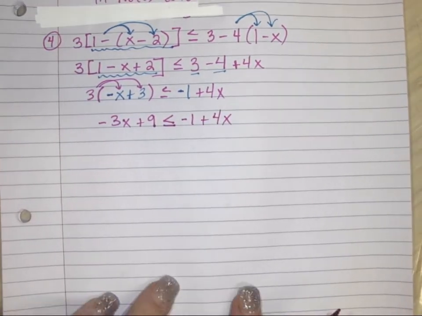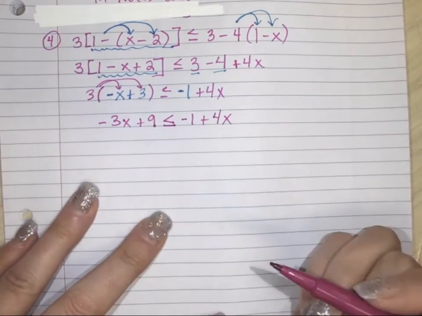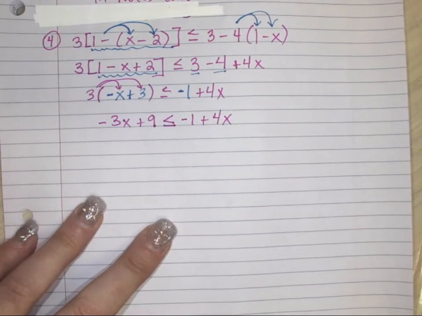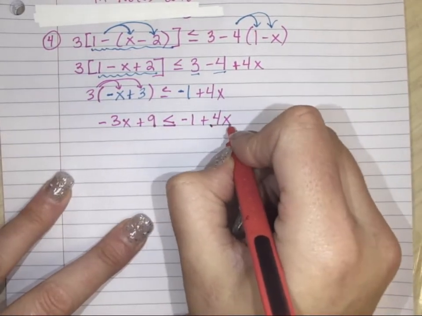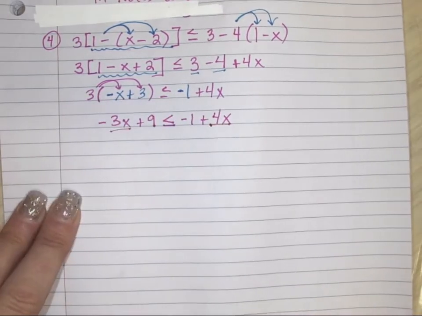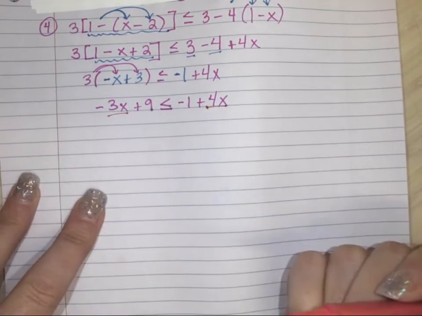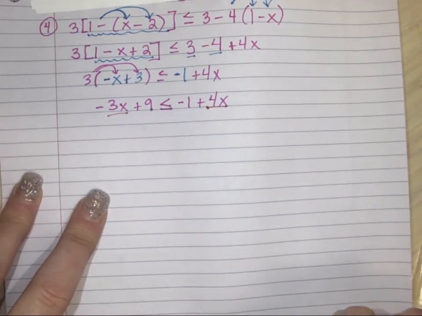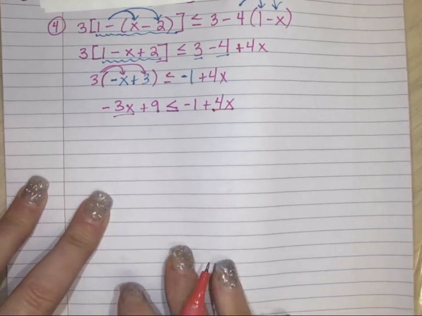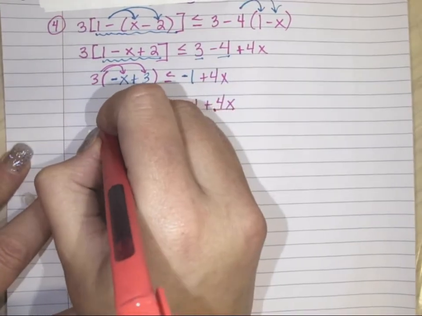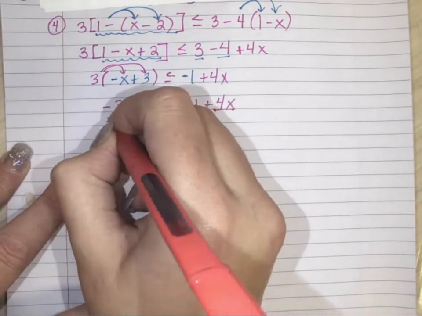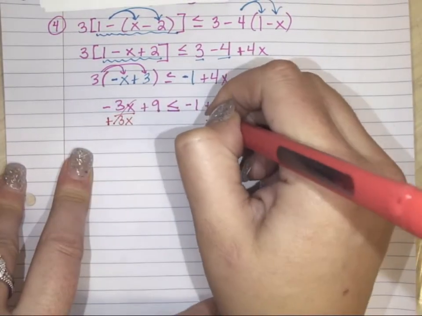So finally, we've cleared grouping and combined like terms on both sides. Now we need to worry about getting our x's on the same side. It doesn't matter which one you choose to move. I like to keep x, or my variable, positive. So I'm actually going to add the 3x to this side.